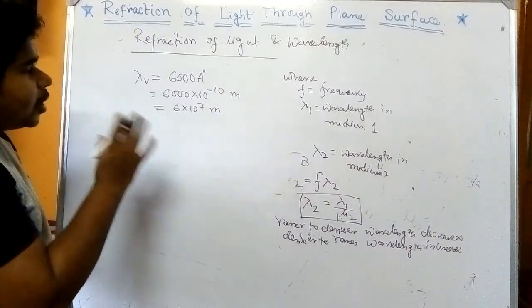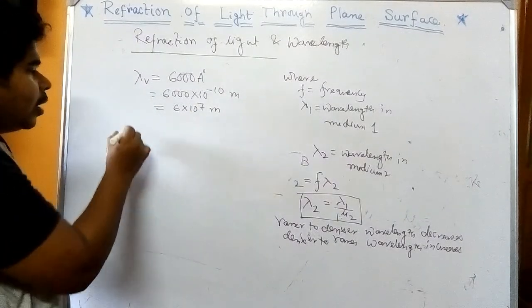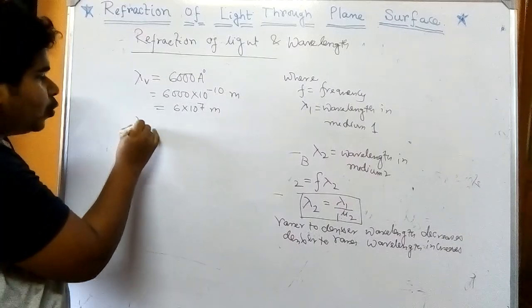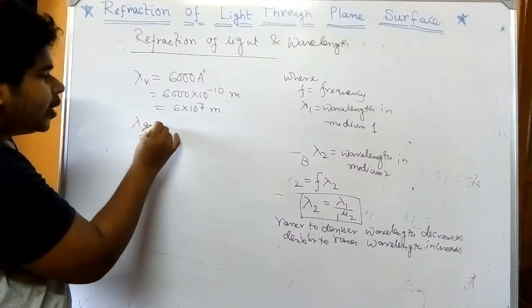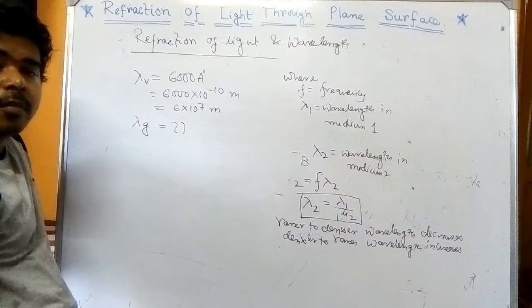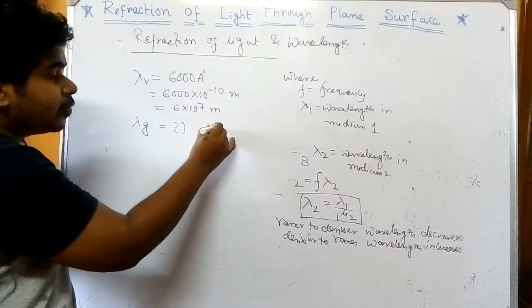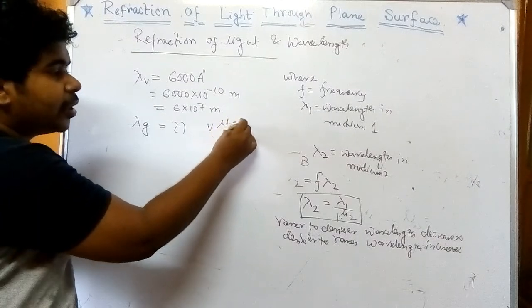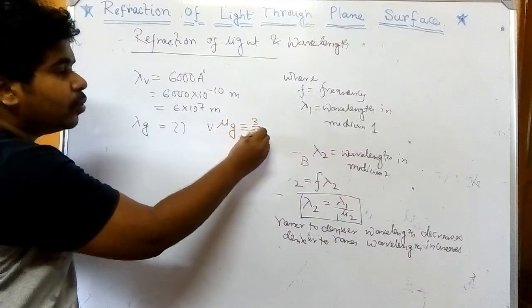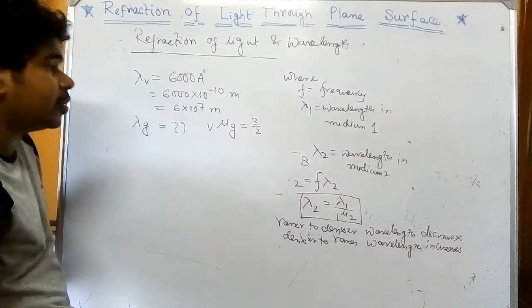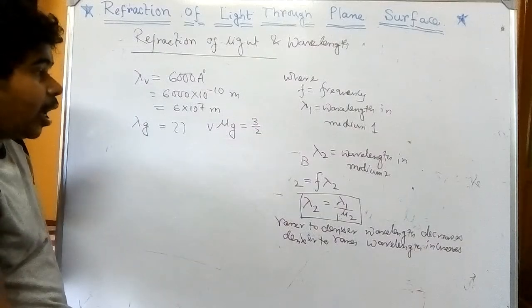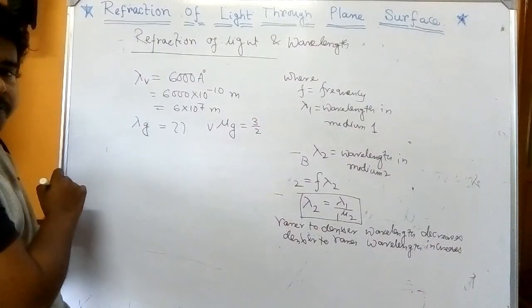And the light comes from vacuum to glass. So you have to find the wavelength of light in glass. The refractive index is given to you: mu g is 3 by 2, that is 1.5, as we have just seen. Then how can you find lambda g?